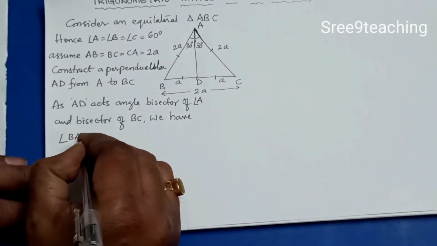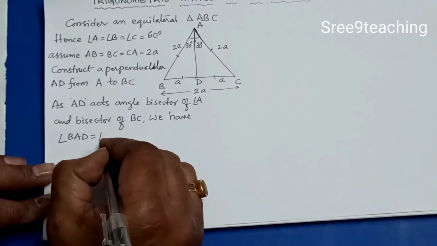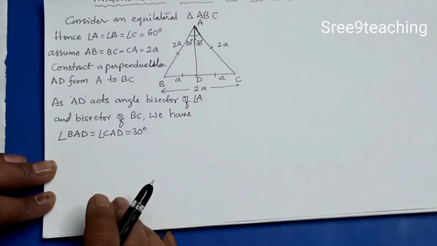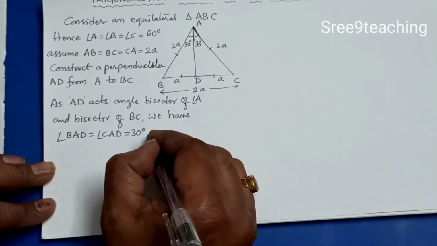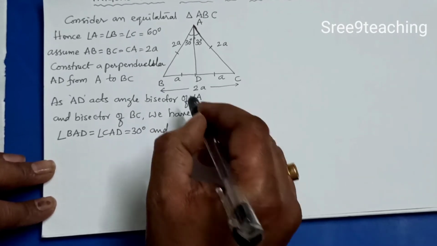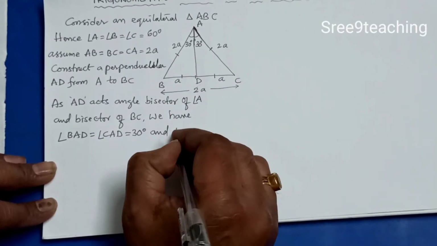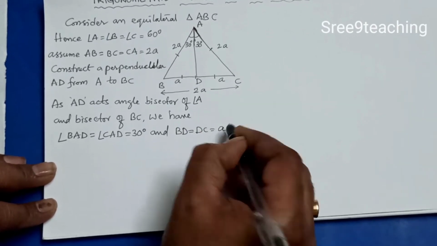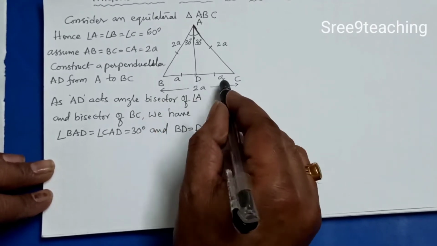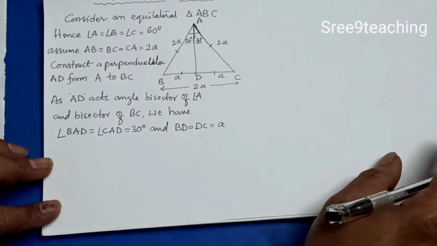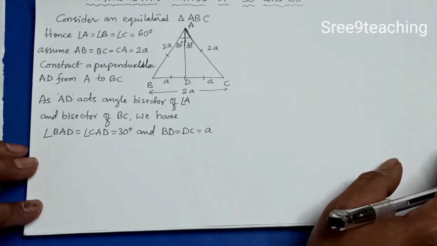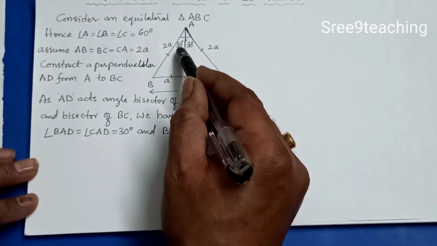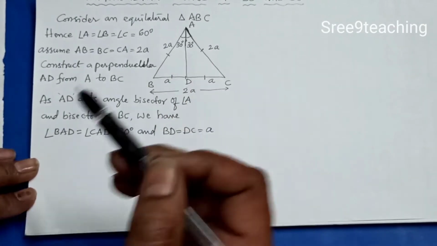Angle BAD, which is equal to angle CAD, is equal to 30 degrees. And BD is equal to DC, which is equal to A units, because the total is 2A, hence it will be divided into half, that is A and A. So now we got angle BAD is 30 degrees, angle CAD is equal to 30 degrees.